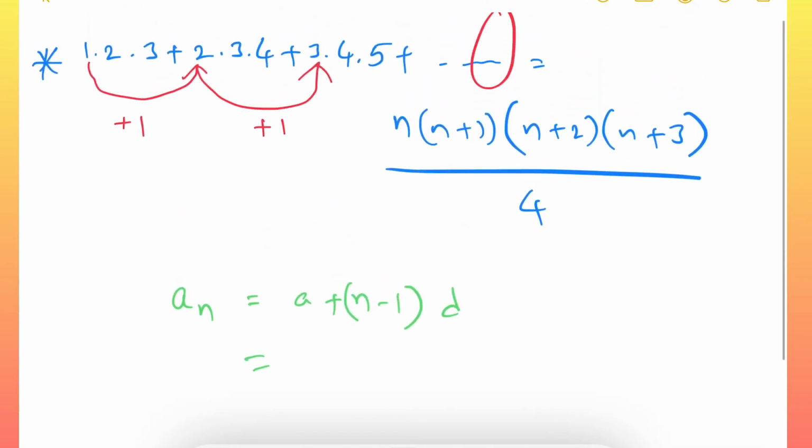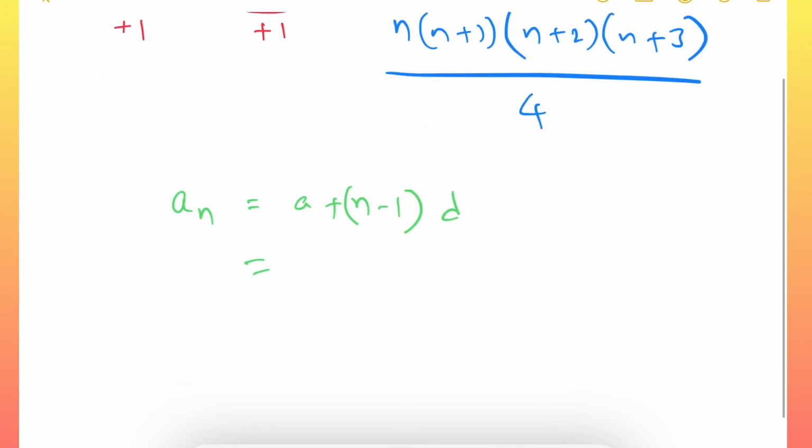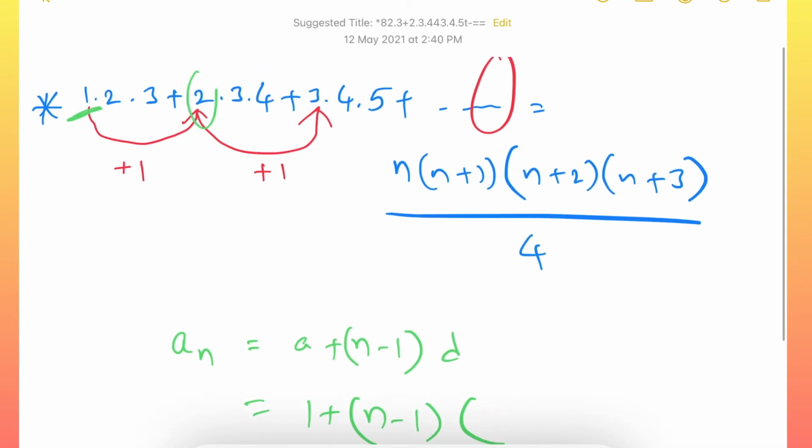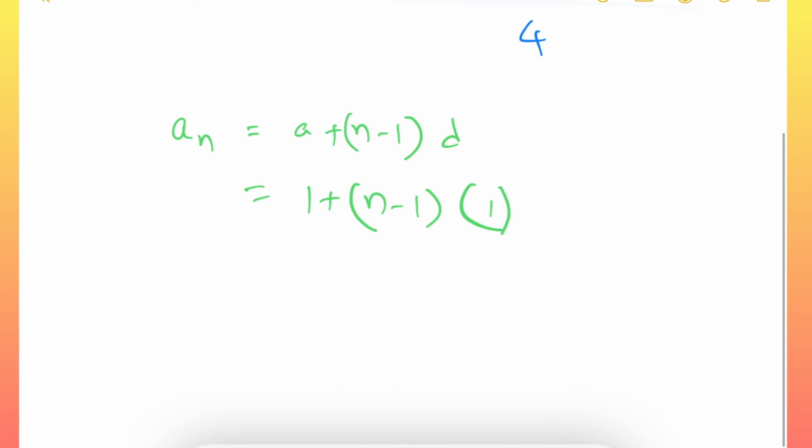So a is nothing but the first term. Here first number is 1 plus n we don't know, n minus 1 into d, common difference. Here second number is 2 and first number is 1. 2 minus 1, it is 1. So which is equals to 1 plus n minus 1 into 1, nothing but n minus 1. So minus 1 plus 1 will get cancelled, then we remain with n.